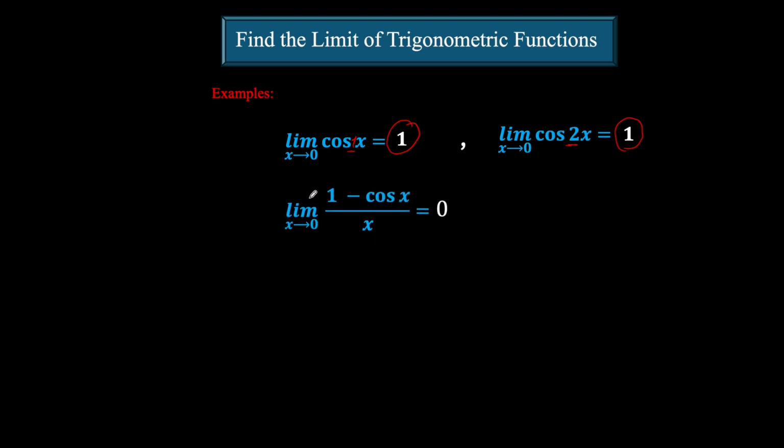Then, limit as x approaches 0 of 1 minus cosine of x over x is equal to 0, so you memorize it. In the future, we might talk about their proofs. Limit as x approaches 0 of cosine 2x over cosine 3x is equal to 1.